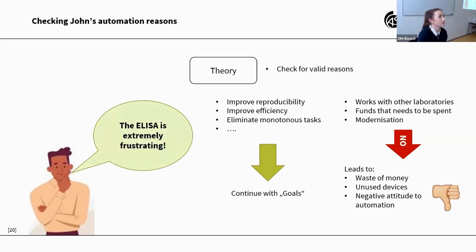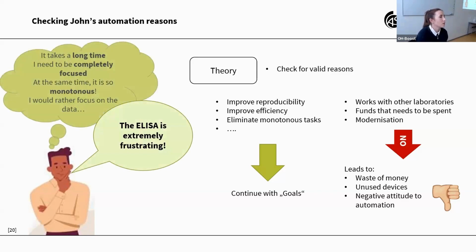So John wants to automate the ELISA because it's extremely frustrating: it takes a long time, he needs to be completely focused, and at the same time it's monotonous. He would rather focus on the data.